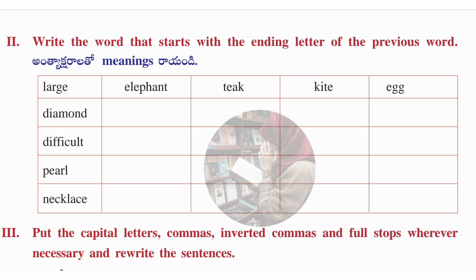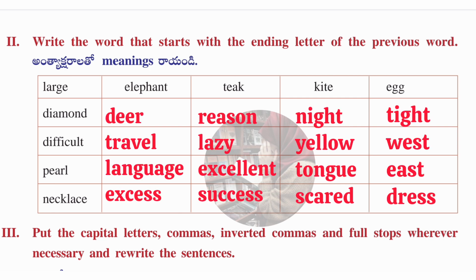Okay, so diamond is already given, D is the ending letter, that's why the next word is deer. R is ending, that's why reason. N is ending, that's why night. T is ending, that's why tight. Next, difficult, T is the ending letter, that's why the next word should start with T, which is travel. Then L is the ending letter, that's why start with L. The next word is lazy.